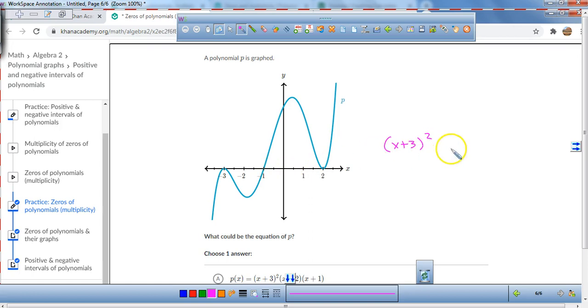Then we have a single root here, so I'll just put x plus 1, and then we got a double root, looks like right here. So I'm going to put x minus 2, and I'm going to square it. So these two right here, this one here and this one here, definitely need to be even. This one definitely has to be an odd. So that's what I'm going to be looking for. Just even, even, odd is what I'm looking for.